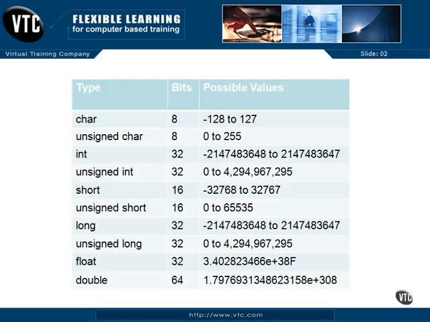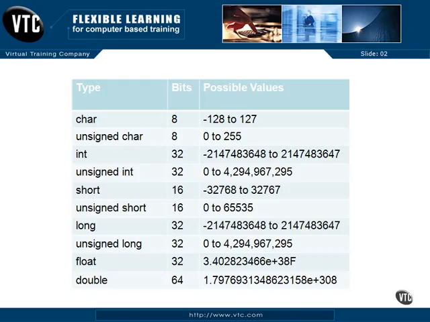An integer is 32 bits, and there you see the negative and large negative number and large positive number. I'm not going to bother to try to read that number off to you. We only have so much time. There's an unsigned integer of 32 bits, and of course, being unsigned, no negatives, 0 to 4 billion and change. There's the short for 16 bits and the unsigned short for 16 bits, and you can see their values, minimum, maximum.